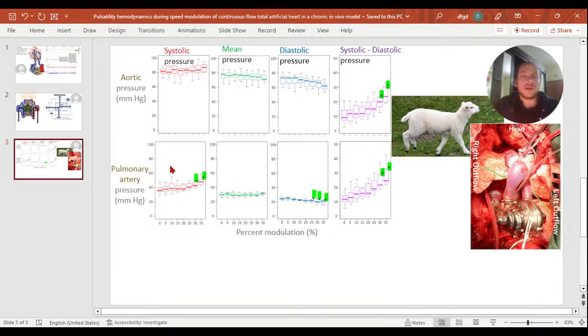But when they looked at the pulmonary artery pressure diagram readings, the only statistical significance they found was at the 30% modulation and the 35% modulation in the systolic pressure, and at the 25%, 30%, and 35% modulation in the diastolic pressure, and at the 30% and the 35% modulation in the pulse pressure.